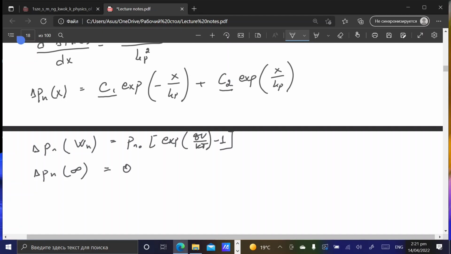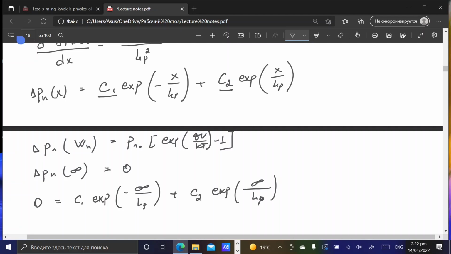So now we can substitute infinity instead of x. That will be 0 concentration equal to C1 times exponent minus infinity divided by Lp plus C2 times exponent infinity divided by Lp.